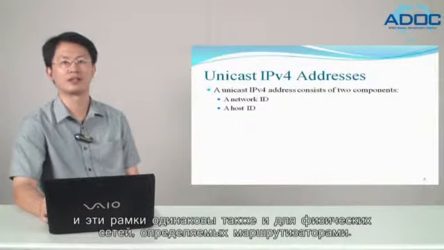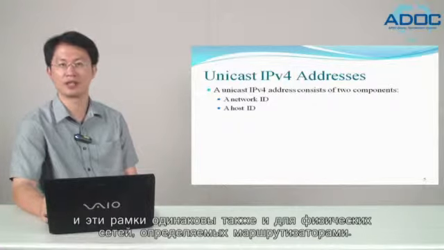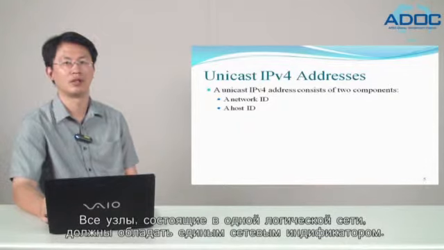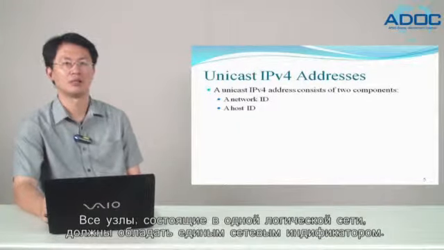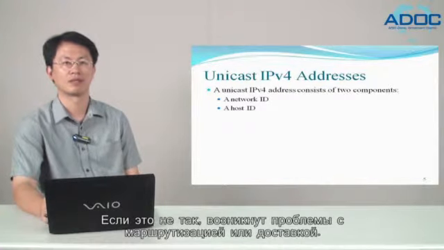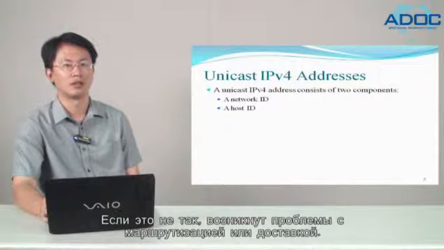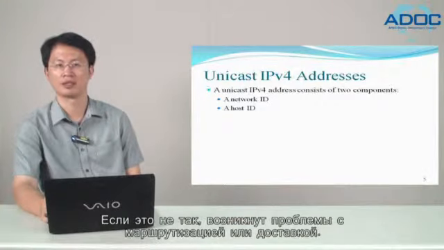And this boundary is the same as the physical network defined by the routers. All nodes that are on the same logical network must share the same network ID. If they don't, routing or delivery problems occur.